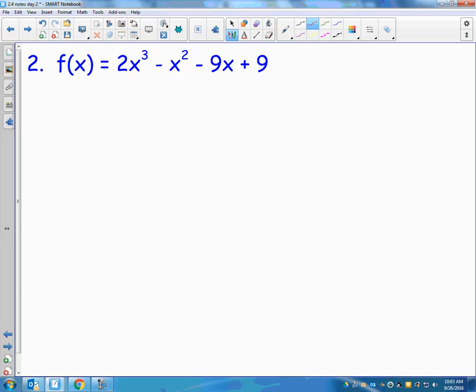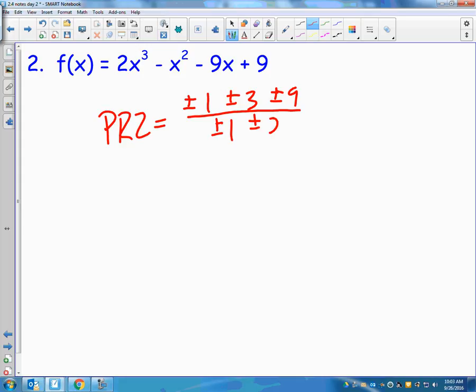Find the rational zeros. So step 1, I'm going to do my PRZs. These are your steps. So factors of 9, plus or minus 1, plus or minus 3, plus or minus 9. It's super great when the leading coefficient's 1, because that means you don't have any fractions to check, right? But it's not. Plus or minus 1, plus or minus 2.